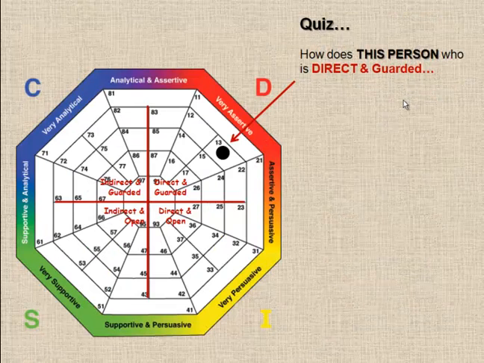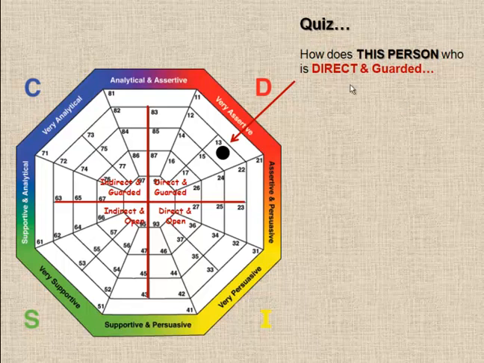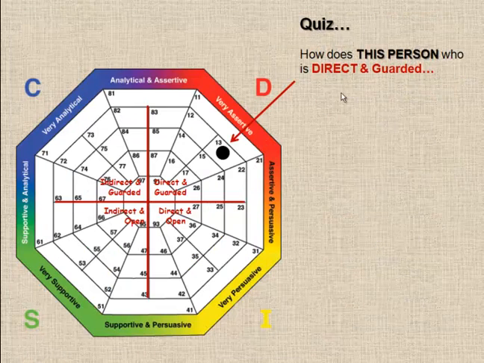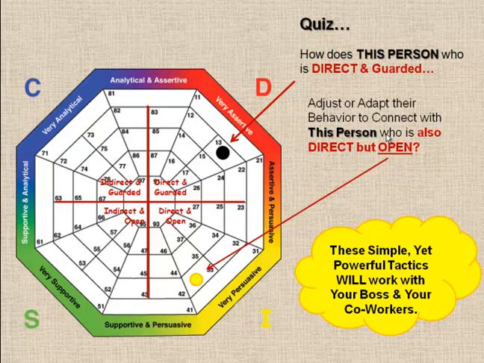So here's a quiz. How would this person who is direct and guarded, natural style, direct is results, competitive, and guarded, non-emotional, how would this person adjust or adapt their behavior to connect with someone who plots down here?